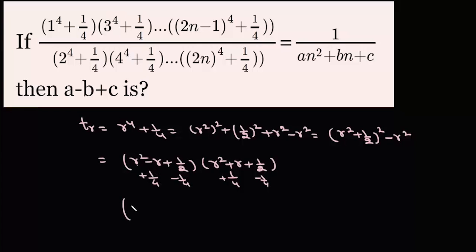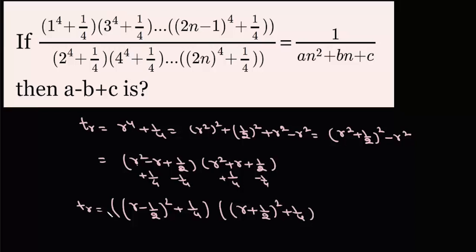So we can write this as (r minus 1 by 2) whole square plus, this is 1 by 2 minus 1 by 4, so it will be simply 1 by 4, and here it will be a square plus b square plus 2ab. So that will be (r plus 1 by 2) whole square plus 1 by 4, and this is your tr.